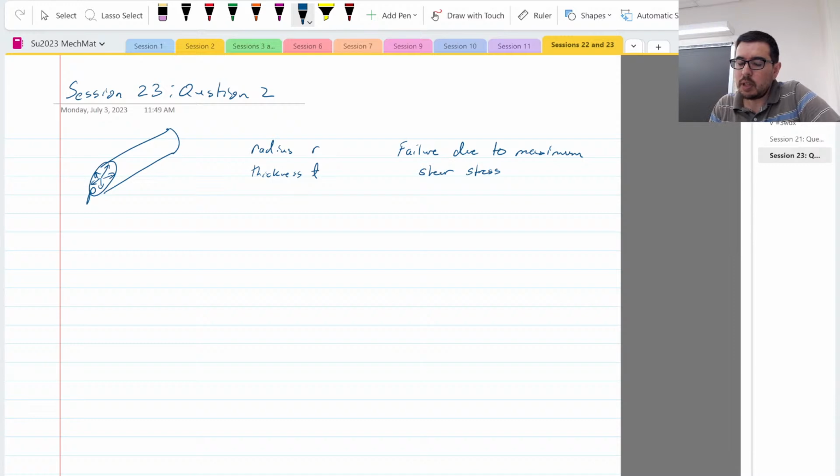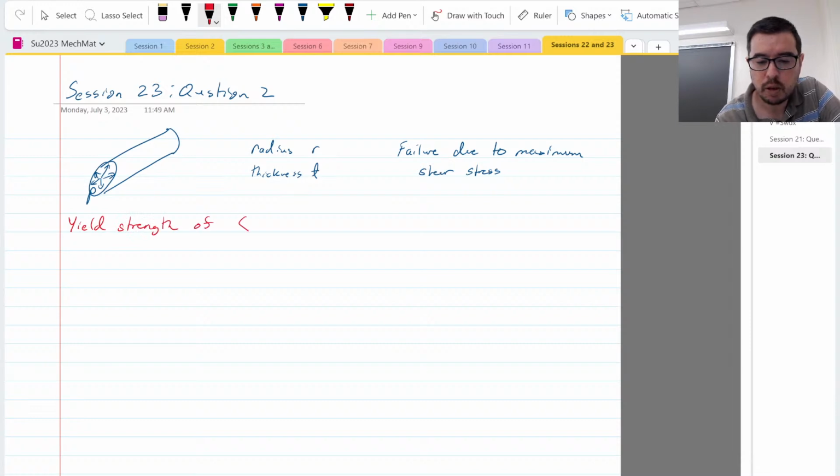Maybe we should first think about what is the shear strength of the material, and what is the shear strength specifically in terms of yield strength, right? So in this case, we have a yield strength of that. How is yield strength calculated, or how is it measured?